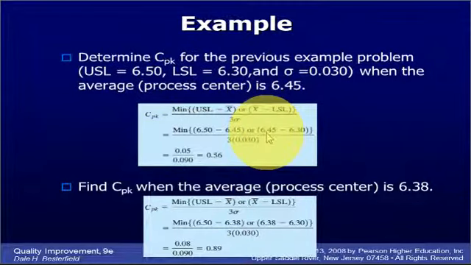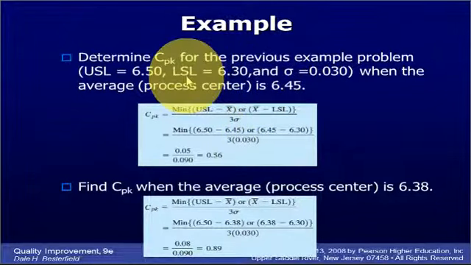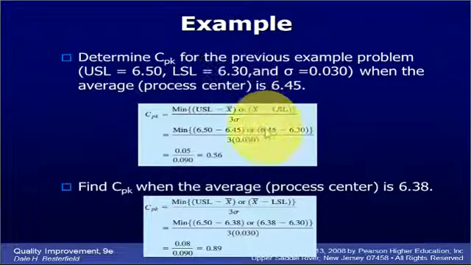The second term is the process center, 6.45, minus the lower specification limit, 6.30. The first term is 0.05, and the second term gives us 0.15. So we need to take the minimum of 0.05 and 0.15.